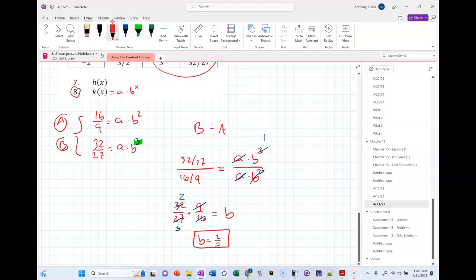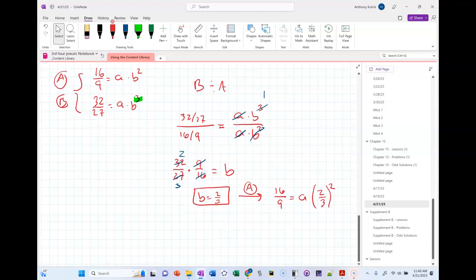Then from there, I'm going to plug that into one of the two equations to solve for a. I'm going to choose equation a because the exponent on b is smaller there. It's just going to make life a little bit more convenient. Two-thirds squared is 4/9.